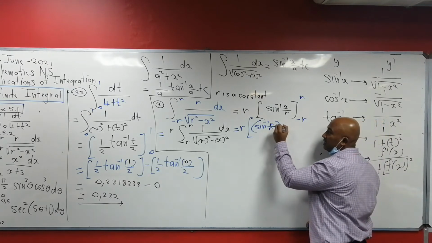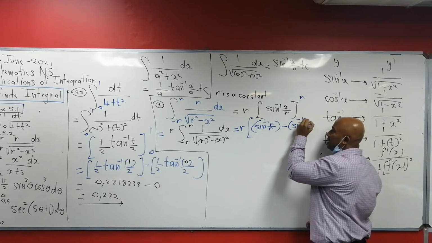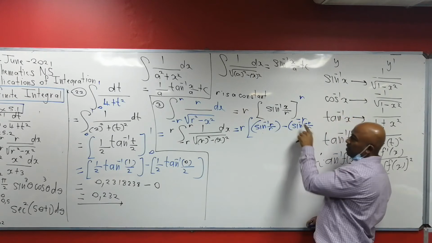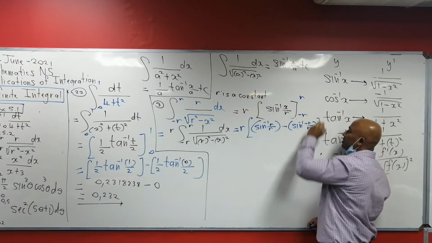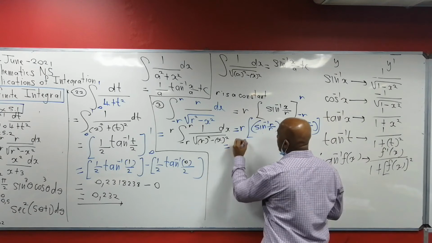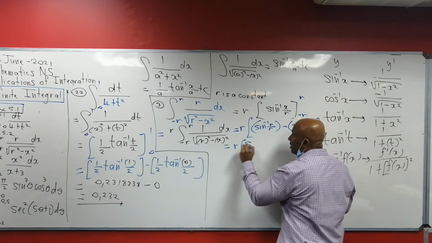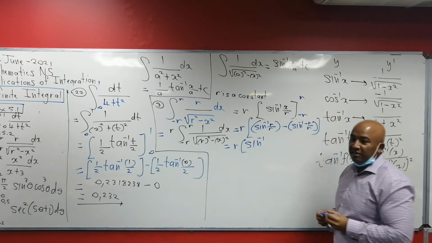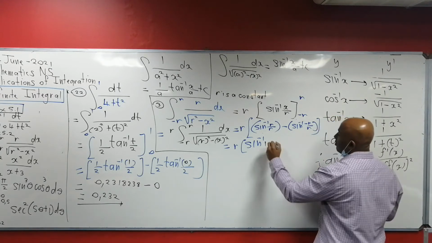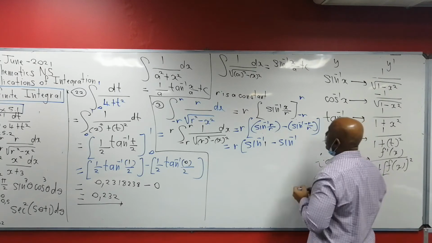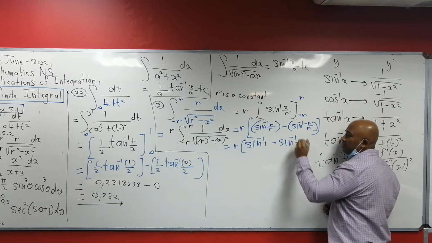Put down a minus sign, and now it's inverse sine of minus r over r, because I'm replacing the lower limit with minus r there. So let's see what happens. We simplify this, obviously without a calculator. So this is going to be inverse sine r divided by r is just 1 there. And then we got minus inverse sine again, minus r divided by r there, that will be minus 1.